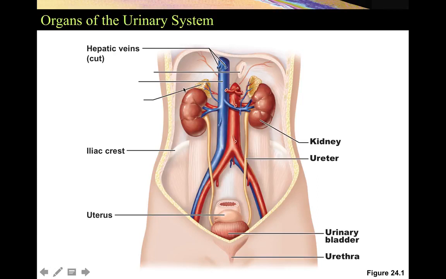If you draw a straight line, you see that the right is slightly below the left. The reason for that is this really large organ, your liver, located right about here. That causes the right kidney to sit slightly below the left kidney.